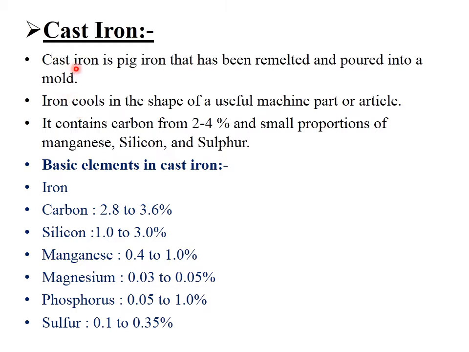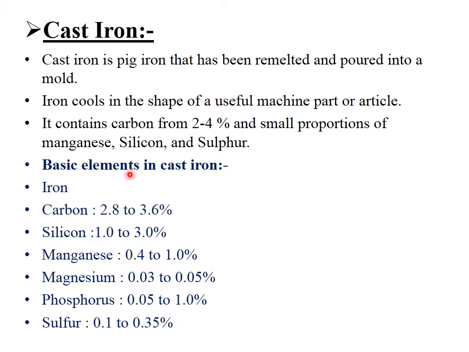Same like steel, cast iron is obtained from a pig iron, and the pig iron basically is obtained from the iron ore, and this pig iron is processed through different furnace and processing routes, and ultimately the material is derived in such a way that it contains 2 to 4% of carbon and some very minute proportions of other elements such as manganese, silicon, and some impurities in form of sulfur.